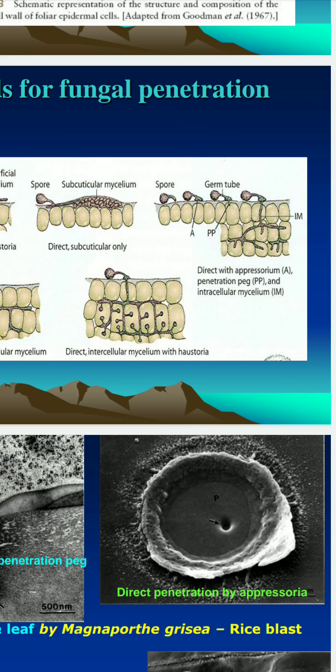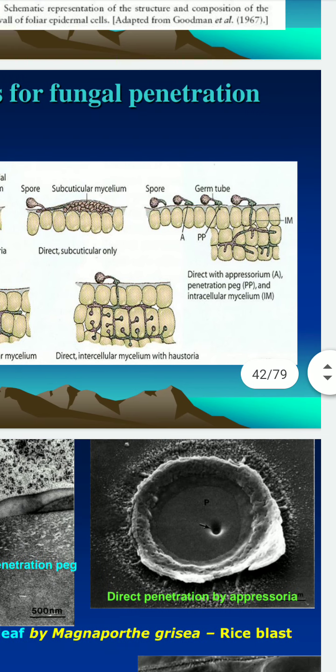In this first diagram, we can see the mycelium going inside the tissues directly, with an appressorium or penetration peg, or through the intercellular mycelium, and the pathogen goes inside the cells. In this diagram, the fungus hypha is sending haustoria.